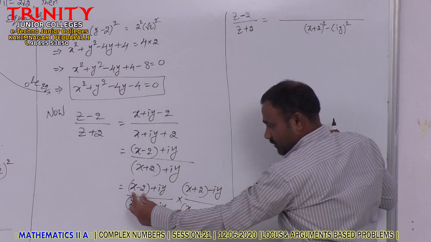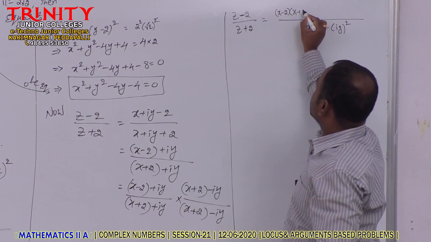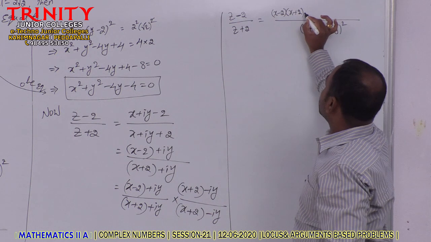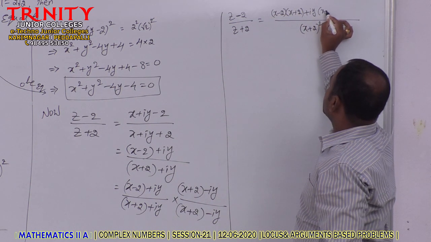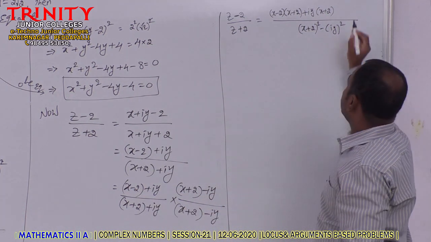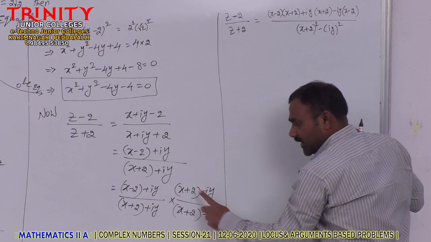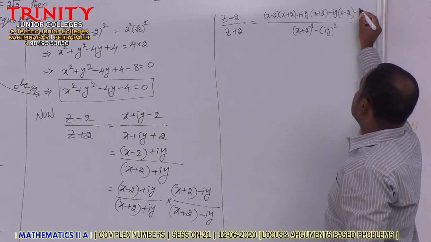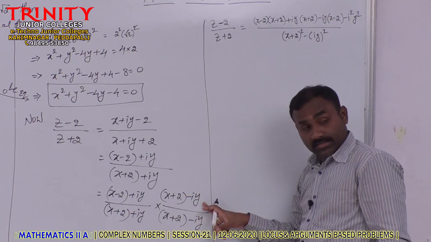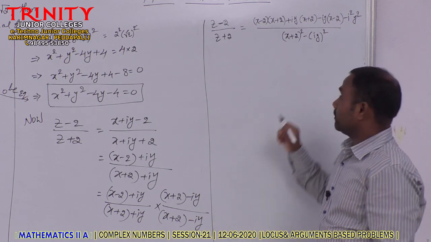Now comes to the numerator: (x minus 2) into (x plus 2), plus iy into (x plus 2), plus y into (x plus 2), and then next (x minus 2) into iy, minus iy into (x minus 2), plus iy into minus iy, minus i square y square, plus iy into minus iy, that is i into i square, y into y square.